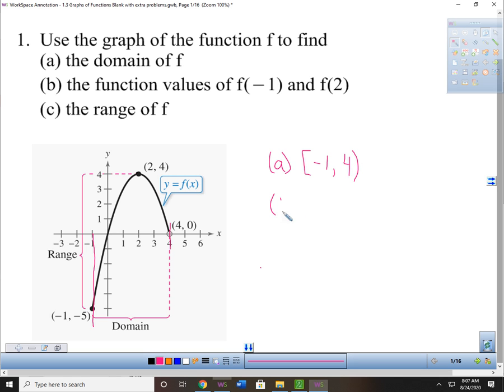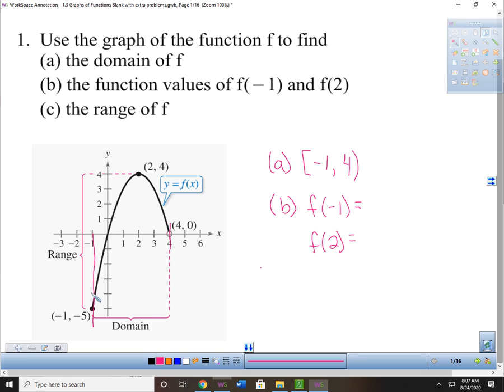All right, part B. It wants the function values of f of -1 and f of 2. That just means when x is -1, what is y? So if I go over here, here's my x value of -1.